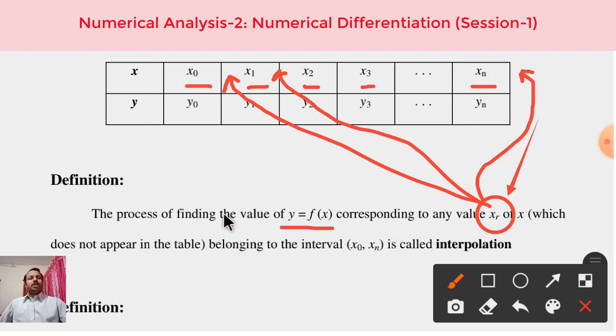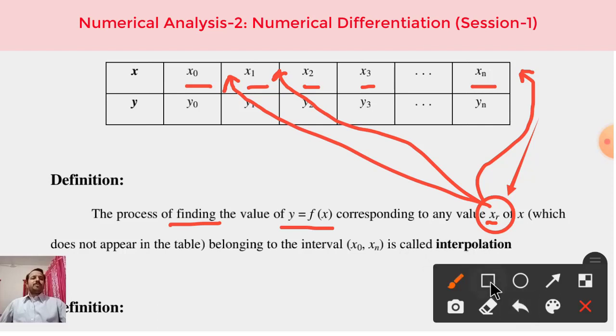So now our objective is to find the value of y corresponding to x equal to xr. That is the most important task we do in numerical analysis.